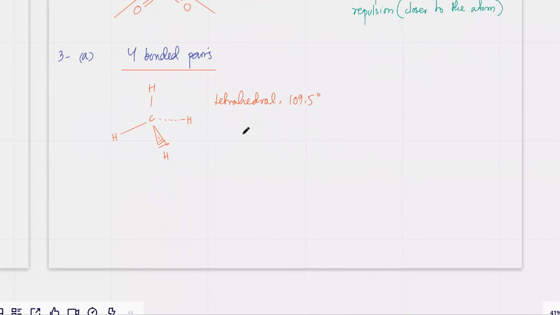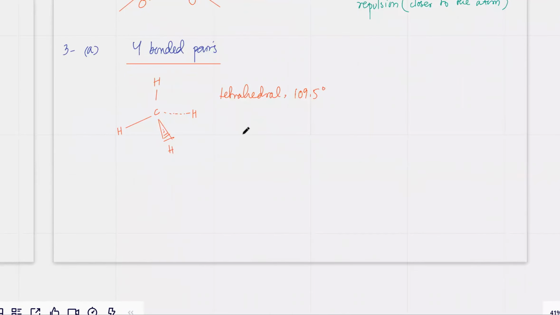Then there would be other versions of this. Version number 2 is, again, you still have 4 pairs of electrons, except that there's going to be one lone pair plus 3 pairs of bonded electrons. Now, in this case, the molecule shape is going to be, for example, ammonia is an example.